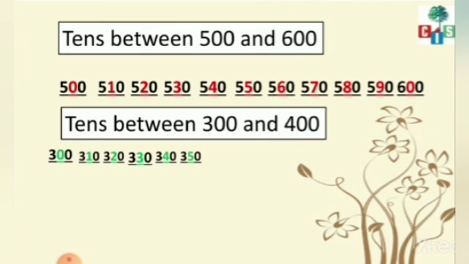After 350, 360, 370, 380, 390. After that, my answer will be 400. Look here, at the tens place value it is 0, and at the hundreds place the number is 4. So your answer is 400.